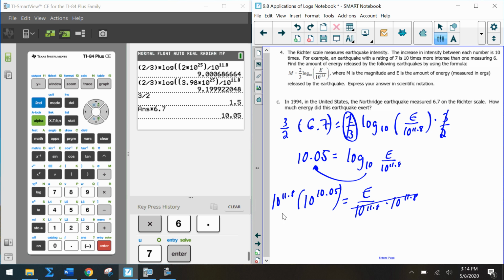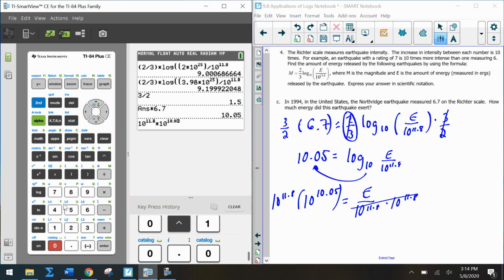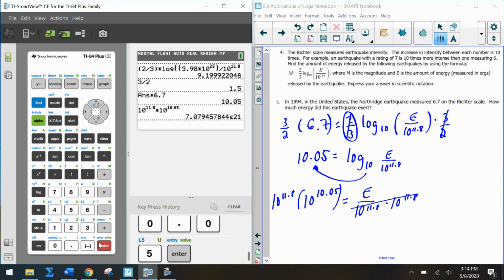So now I'm multiplying, so we got 10 to the 11.8 times 10 to the 10.05. And so we got 7.07, and do you see how it says e to the 21st?